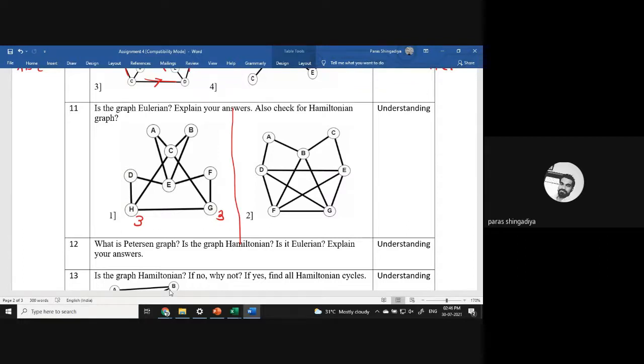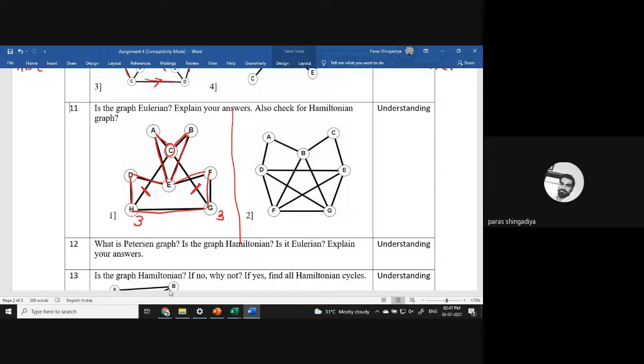Okay. So let's start with the vertex C. That is my starting place. And I have to cover all the edges exactly one time and again reach back to the starting place. ठीक है, फिर से मुझे वहीं पर पहुंचना है. So let's move on this graph. C to B, then B to E, E to F, F to G, G to H, H to D, D to E again, and E to A, and from A you will reach C again, but this edge is remaining to cover.